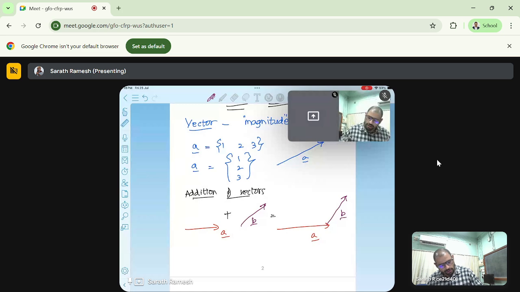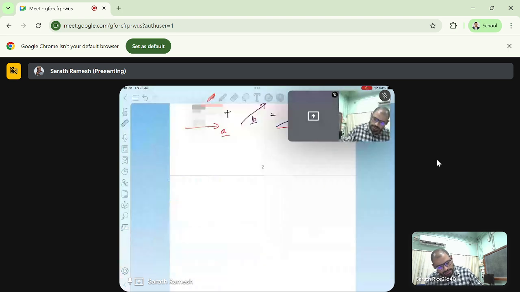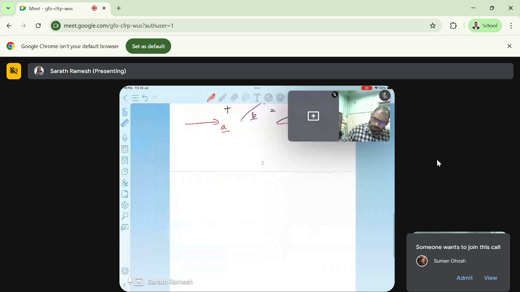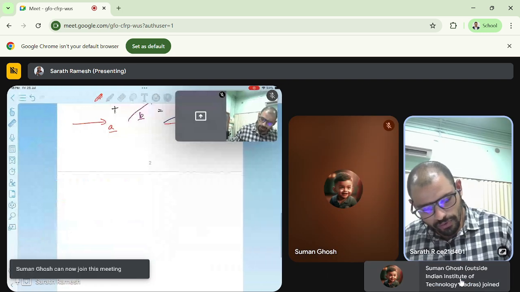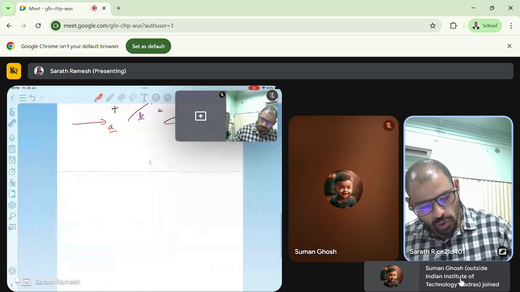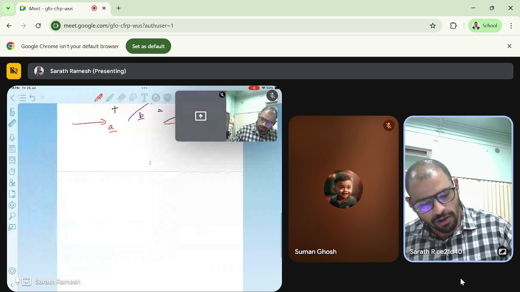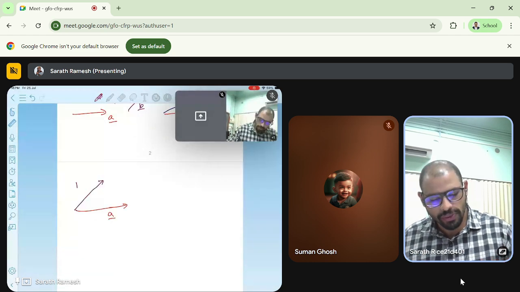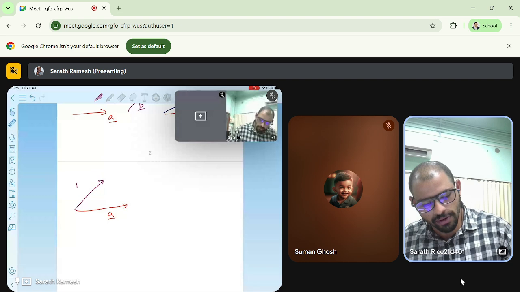Similarly, the parallelogram law of addition is the same. It's not going to give us a different answer. We represent these two vectors as the adjacent sides of the parallelogram. Sorry, what is the color which I used? Yeah, for B it is this color. So we can represent A and B as two adjacent sides of the parallelogram. Now the resultant would be the diagonal passing between these two.